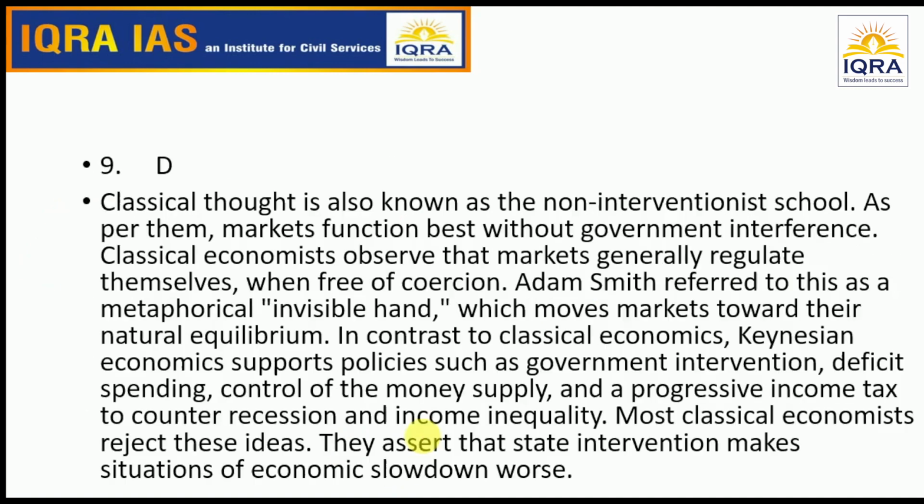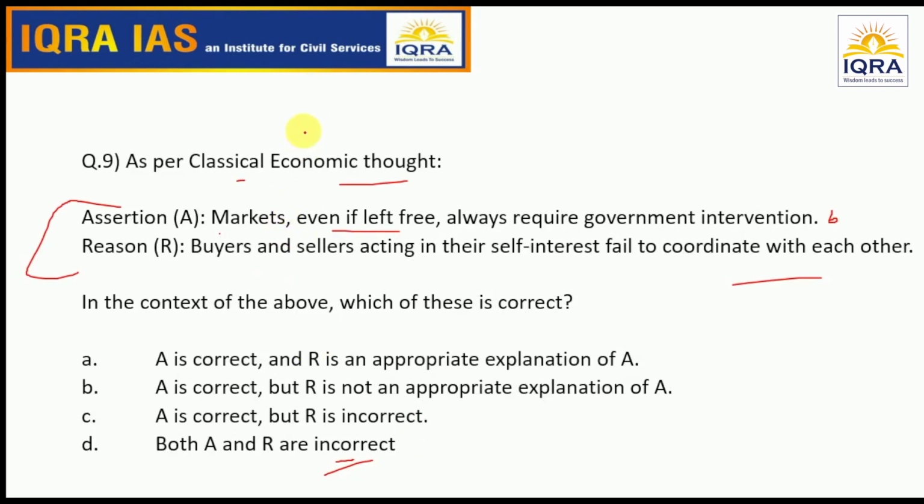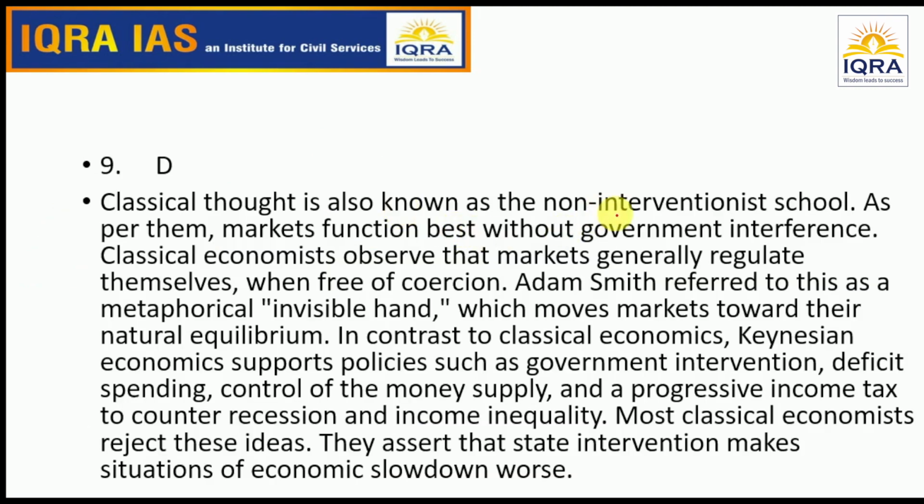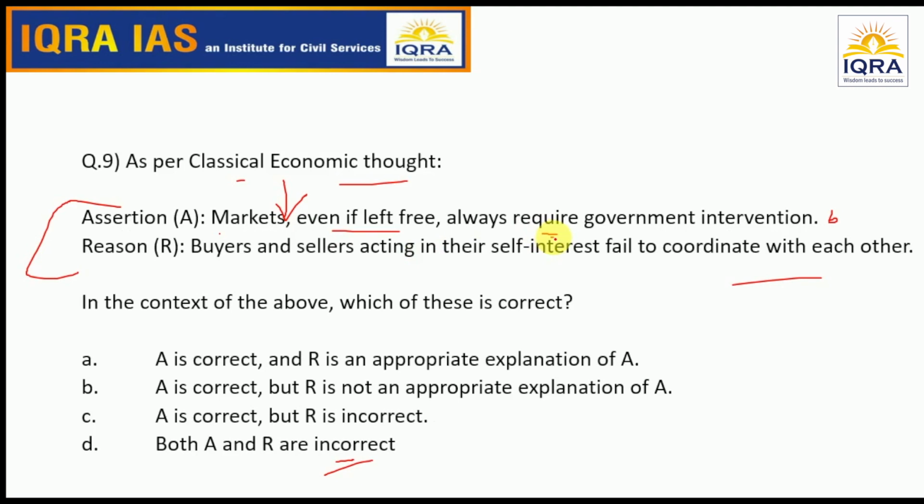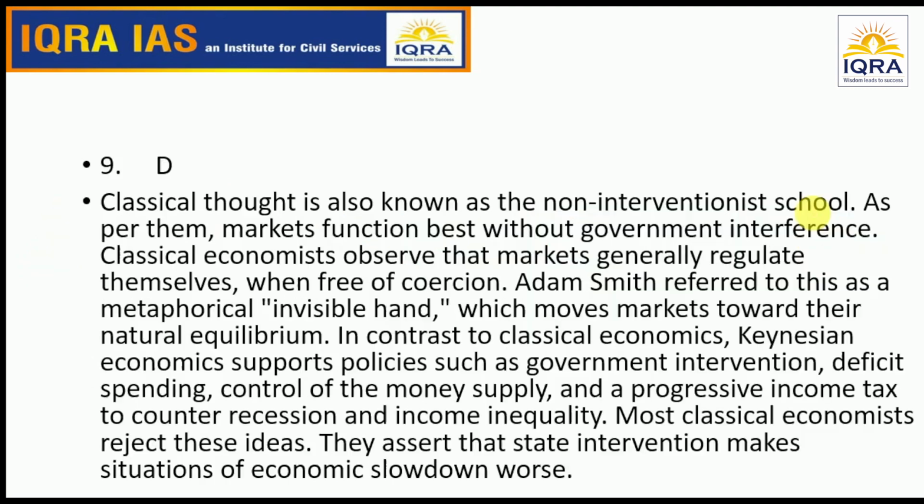In this case, this has to be with reference to the classical economists. If you see the assumptions taken by the classical economists, they have always talked about laissez-faire, which says that there should be no intervention, which talks about a free market. This particular thought largely refers to Keynesian economics, not the classical economists.